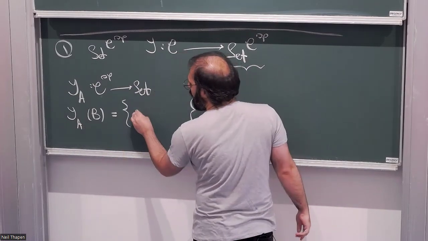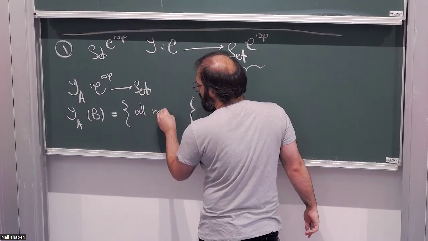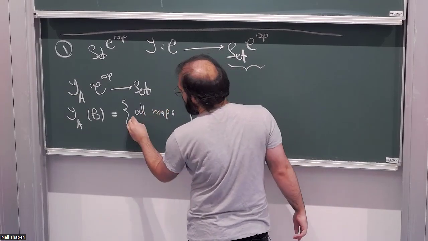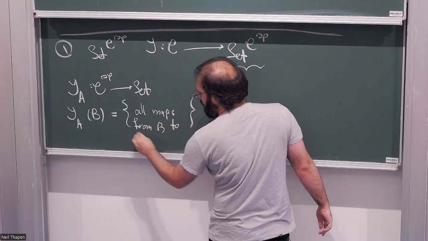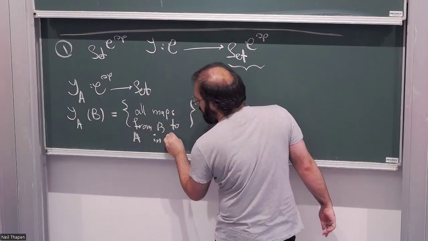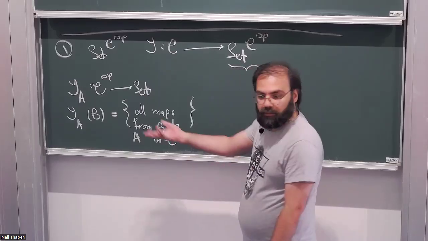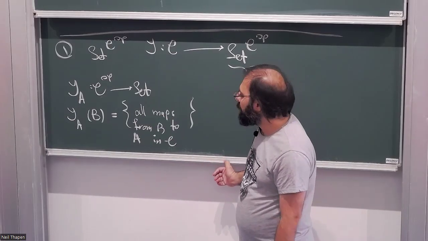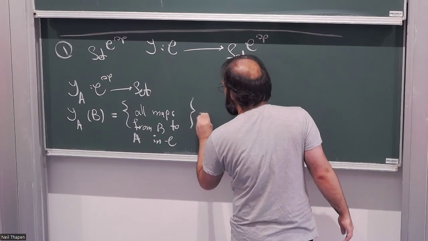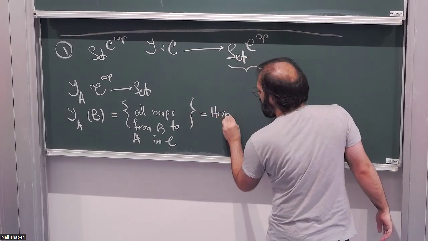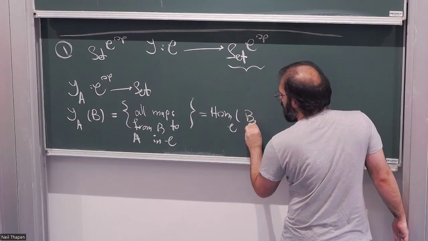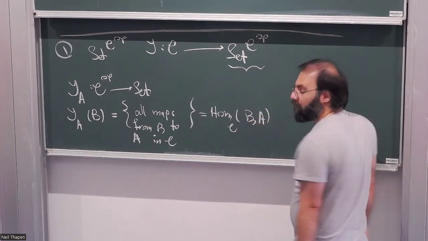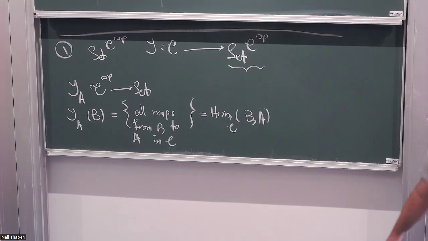So simply all, this time with no quotation, all maps from B to A, of course, in C, because they live in C, right? Simply, I'm saying that I have hom_C(B, A). That's my definition. It should be this, right?